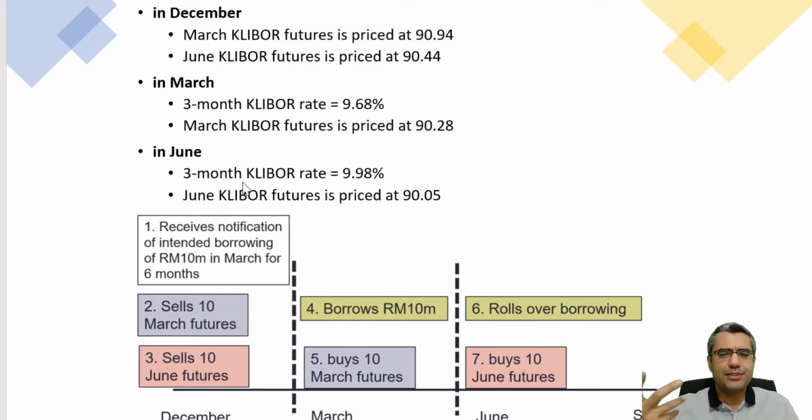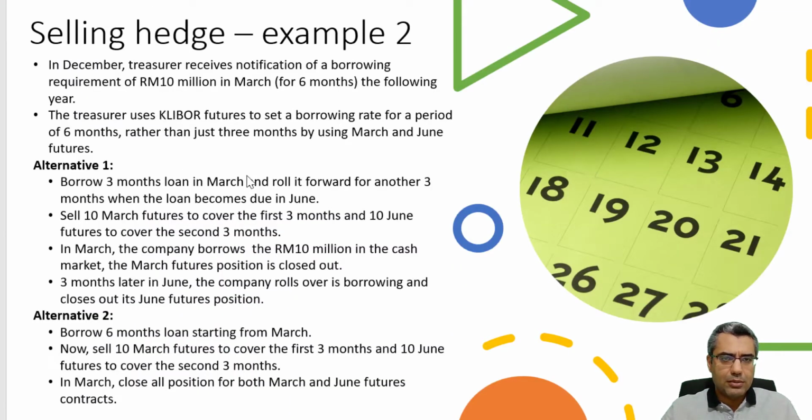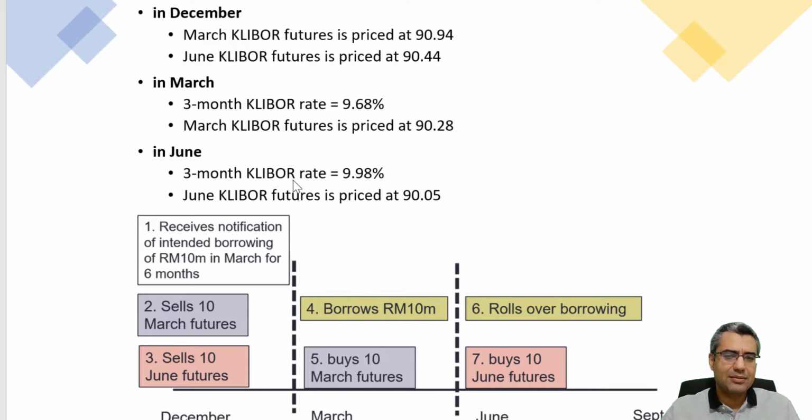So first, what is the concern here for the treasurer? The treasurer wants to borrow 3 months later at that date rate, right?